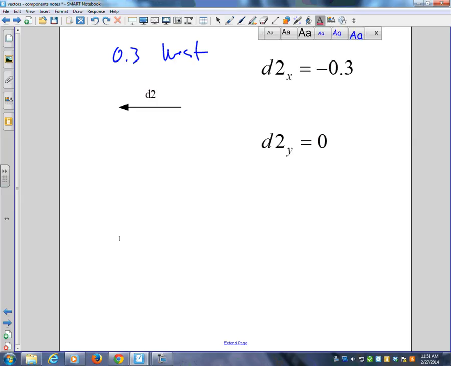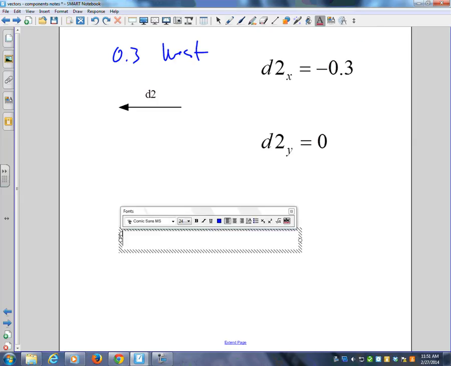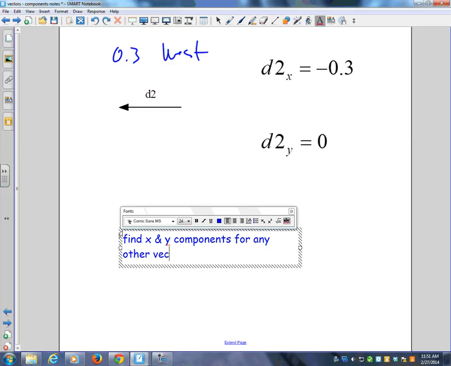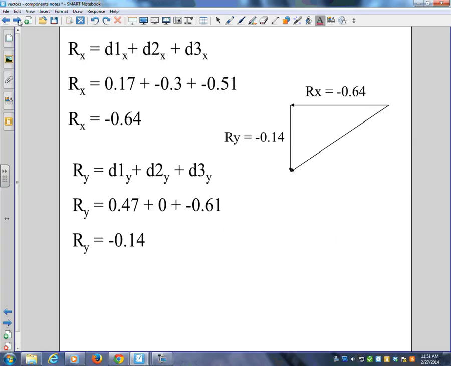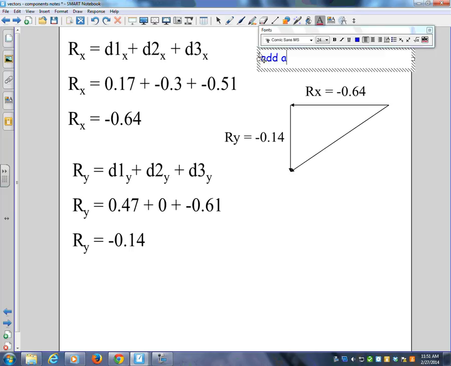What would you say is next? Find x and y components for basically any other vectors, right? In fact, you could just write the step as find x and y components for all vectors, I guess, couldn't you, right? Then do what? Add all x components.